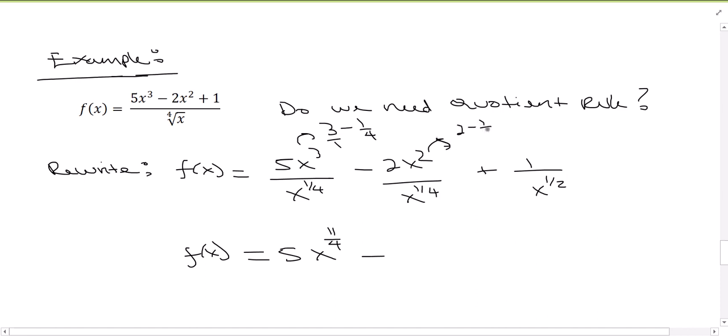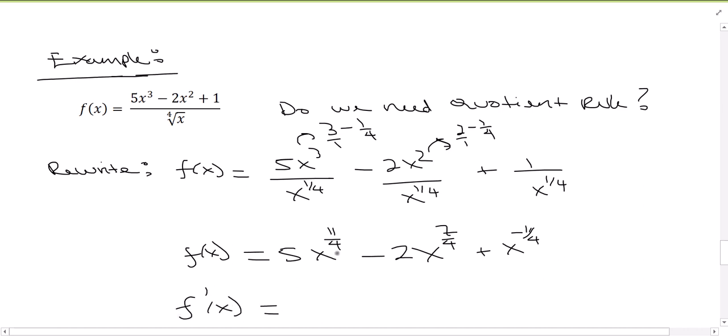So 2 minus 1/4, common denominator is still 4, so 8/4 minus 1/4 is 7/4, so I'm going to have 2x to the 7/4 plus x to the negative 1/4. Oh, fourth, not half. How did that become a half? It's 1/4. And now that is rewritten and I can use the general power rule, then I take the derivative.